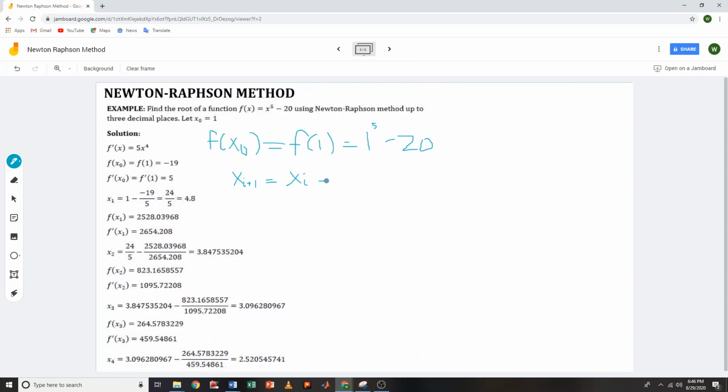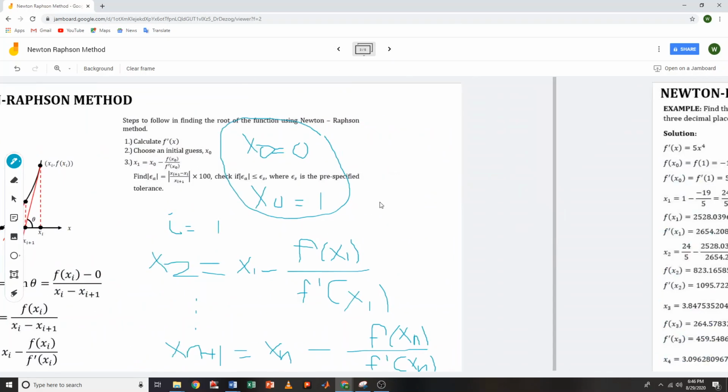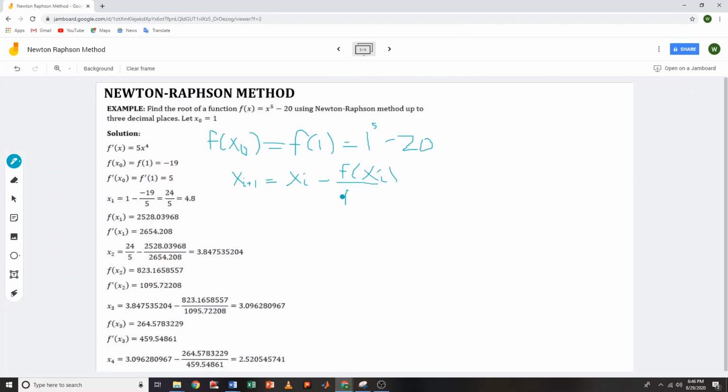We should start our iteration at 0. So let's say i equal to 0. Therefore, if i is 0, that is x1.